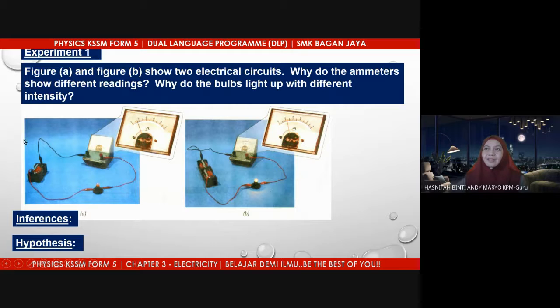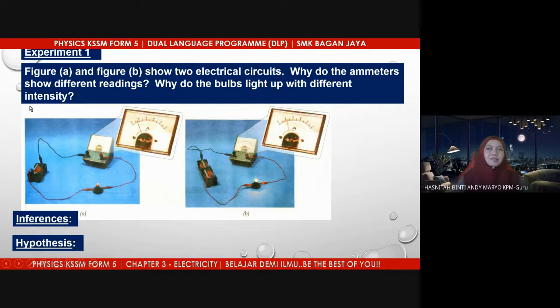All right. So this is an experiment to show the relationship between V, I, and R in Ohm's law. This one you can also find in your module. We have figure A and figure B showing two electrical circuits. The questions are: why do the ammeters show different readings? Why do the bulbs light up with different intensities?